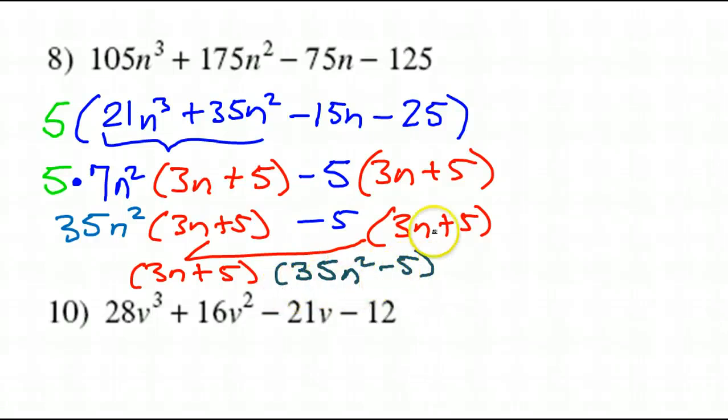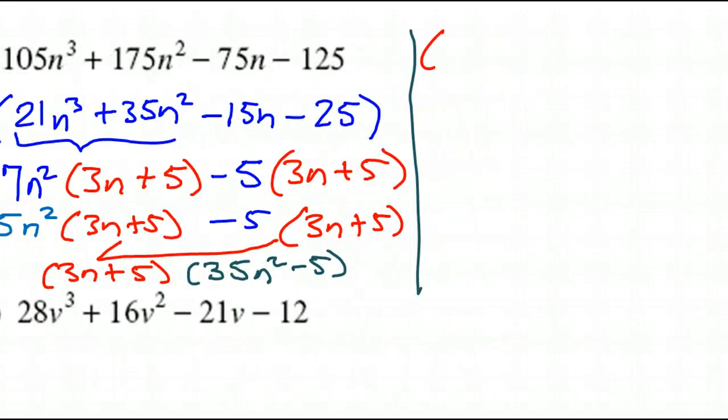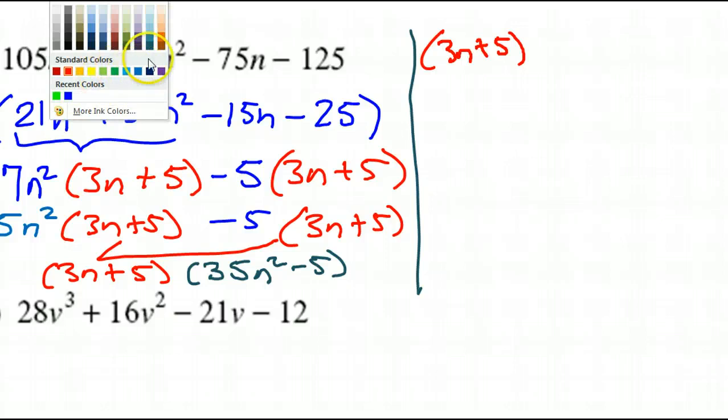So I could pull out the GCF there, okay? So in other words, I'm just recopying this. Okay, I had 3n plus 5 down there. Okay, and then I had 35n squared minus 5. Maybe I'll just recopy that too.